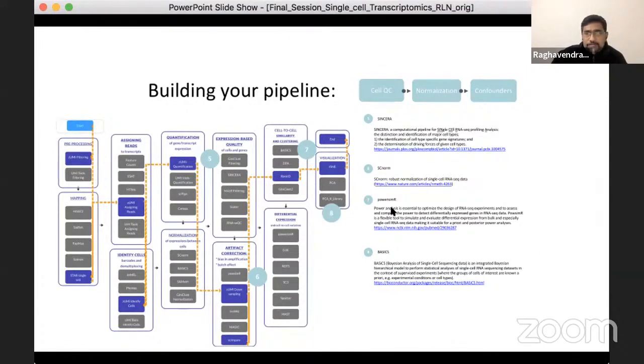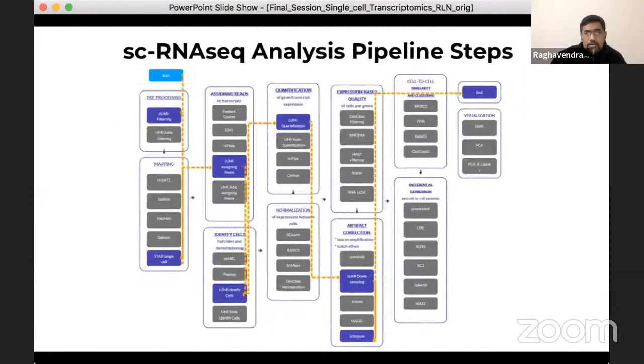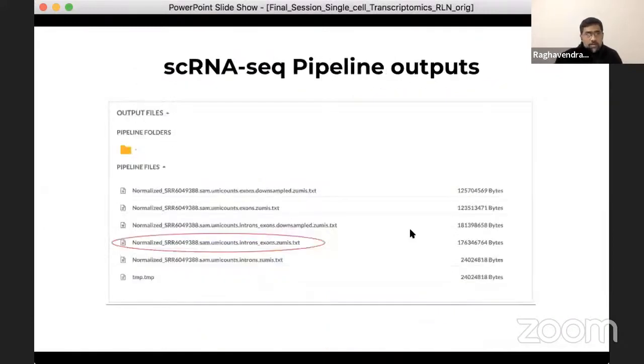A consolidated pipeline will look something like this, and at the end of this pipeline you can submit it, and this is going to give us a gene count matrix, or count matrix, which can be downloaded from the pipeline outputs.